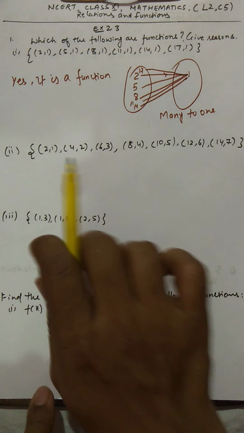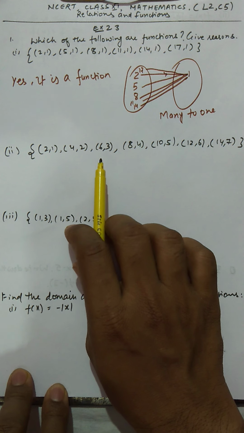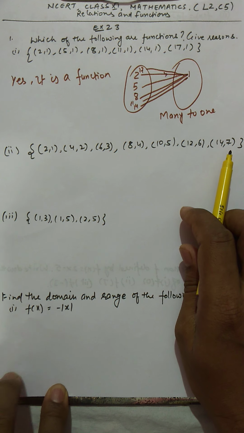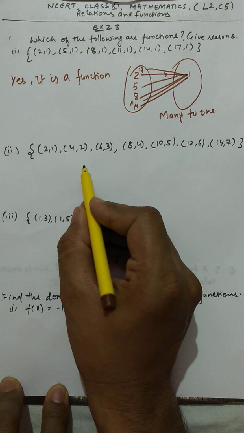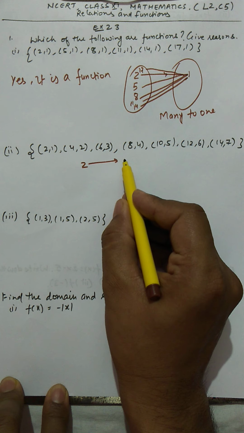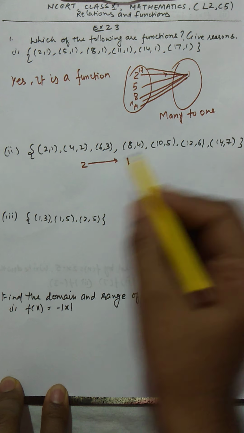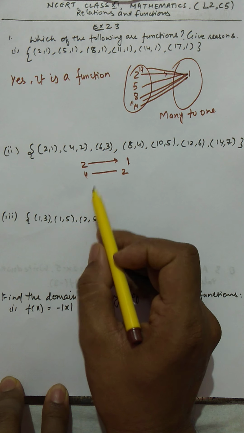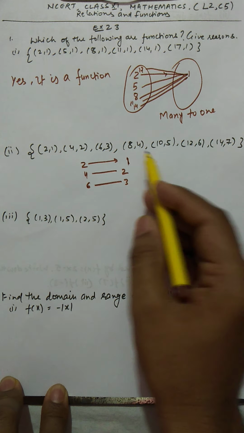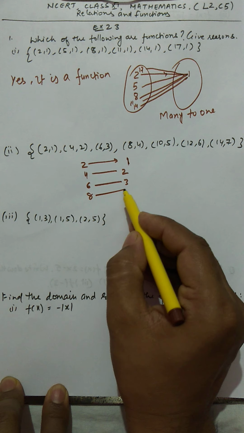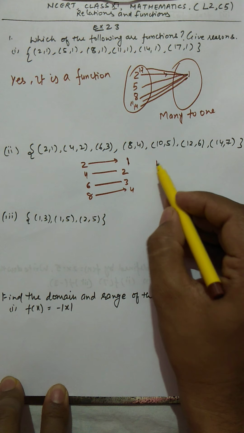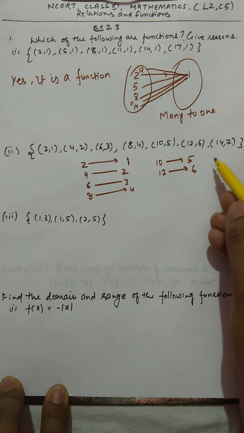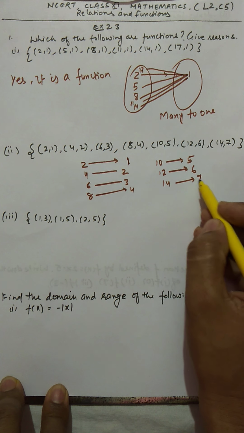Now come to this. This is 2 1, 4 2, 6 3, 8 4, 10 5, 12 6, 14 7. So we can draw the arrow diagram again. You can see 2 is going to 1, and 4 is going to 2, and 6 is going to 3, 8 going to 4, 10 going to 5, 12 to 6, and 14 to 7.